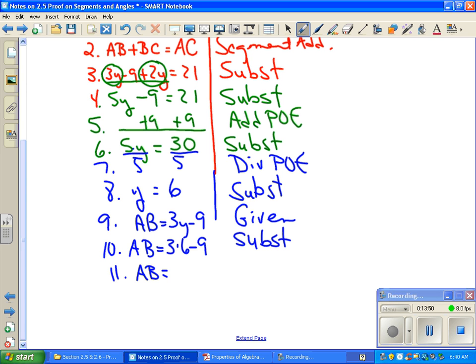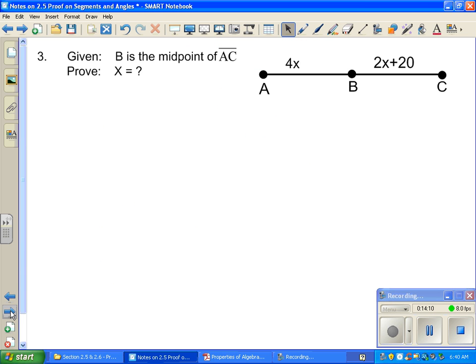So 3 times 6 is 18, minus 9 is 9, and we substituted in the answer 9. So that's how you show that last little bit once you get your variable on how to find the actual length of AB. Now, we have quite a few examples of this, so I'd like to continue on and look at another example of segments.